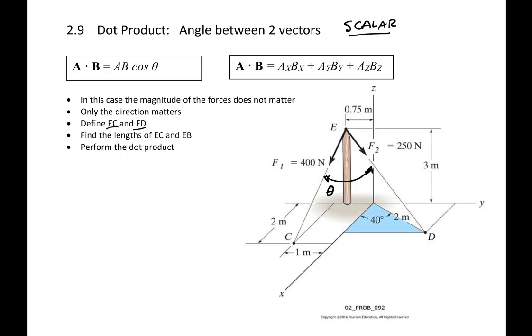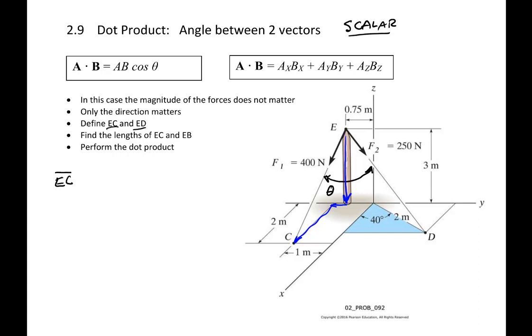First of all, let's define EC. EC goes from, well, let's see what we got. In this case, I'm going to go -3 in the k direction. I'm going to go this way in the y direction and this way in the x direction. If you look at the picture here, this goes 1 meter from the origin here, and this distance is 0.75. So let's define EC.